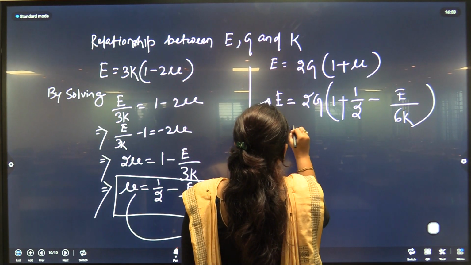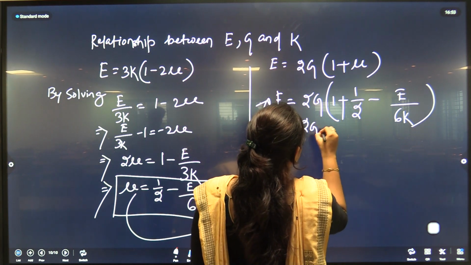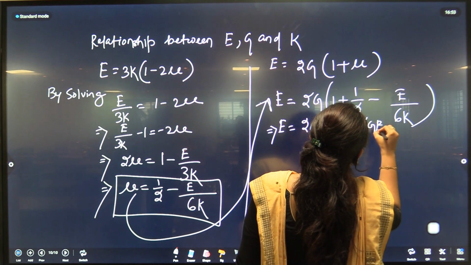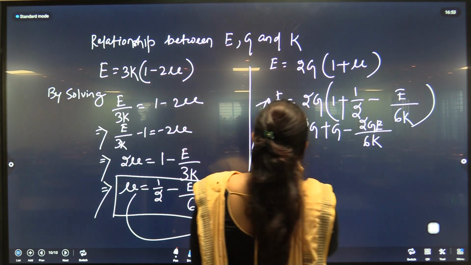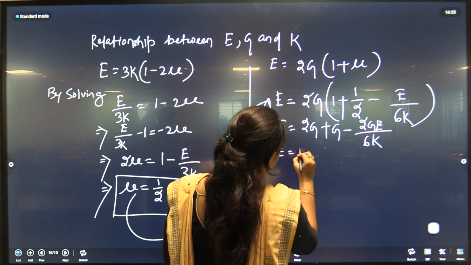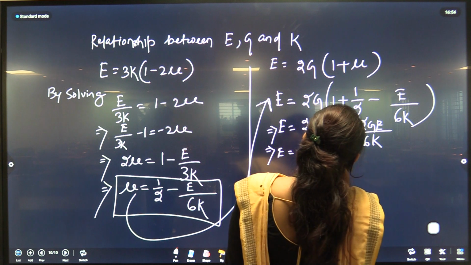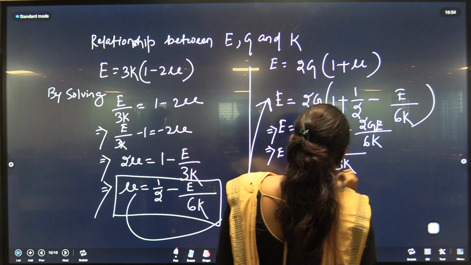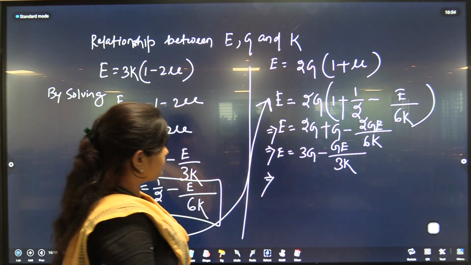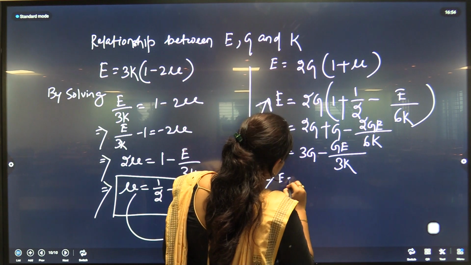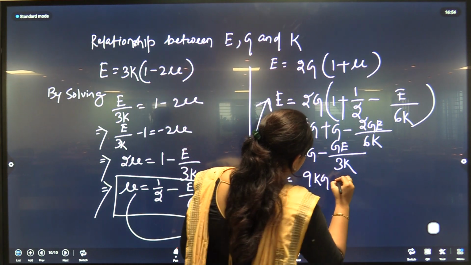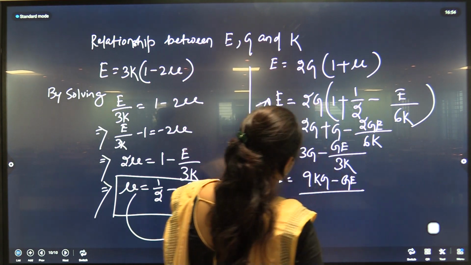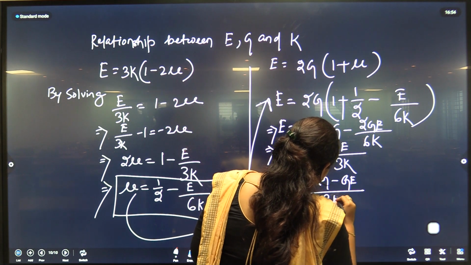By solving this equation, E will become 2G plus G minus 2GE by 6K. E equals 9KG minus GE upon 3K.